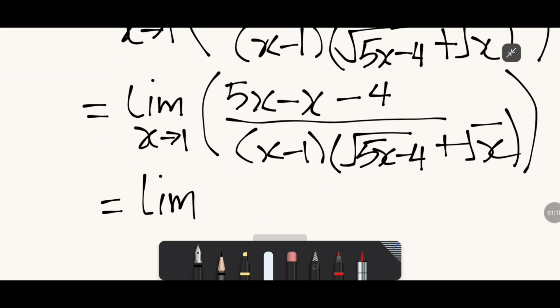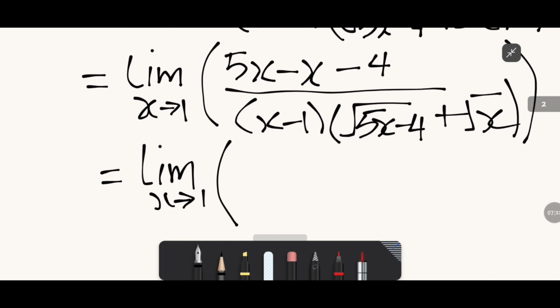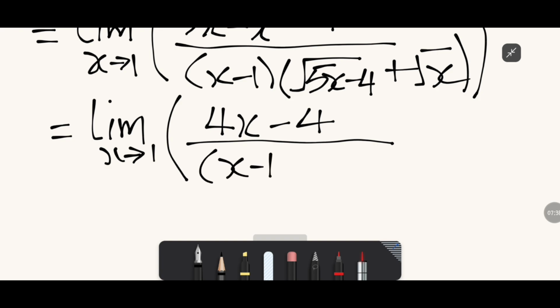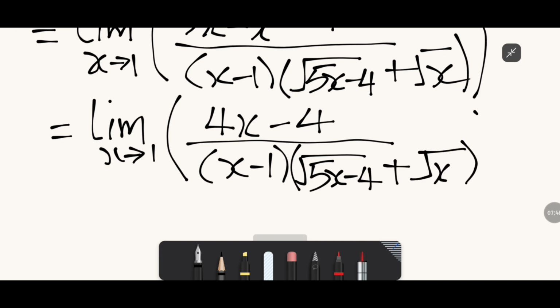So this is limits as x approaches 1. Now 5x minus x is going to give us 4x minus 4 all over x minus 1 times square root of 5x minus 4 plus square root of x.